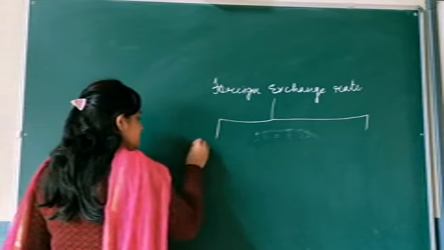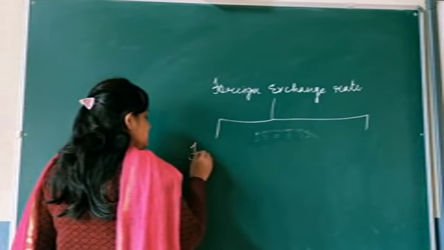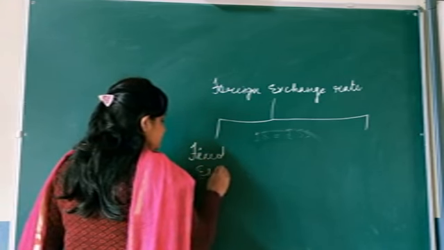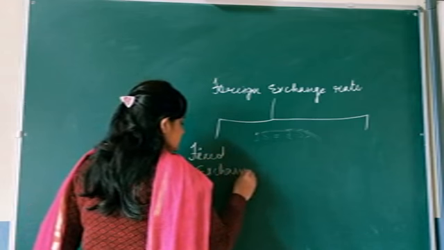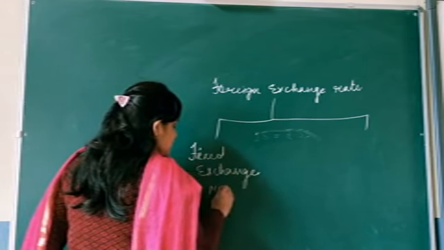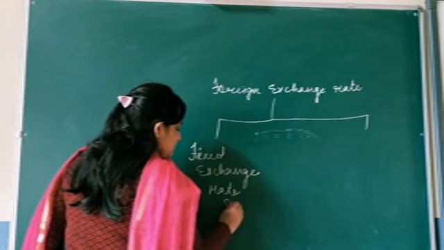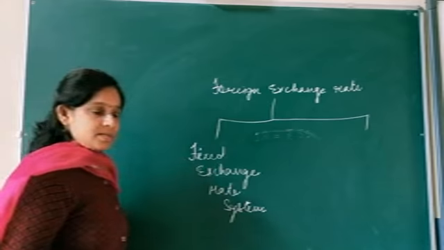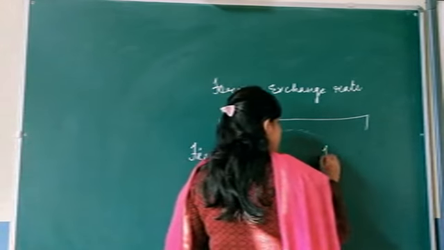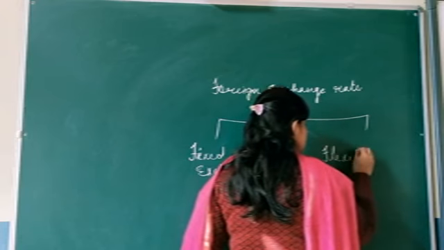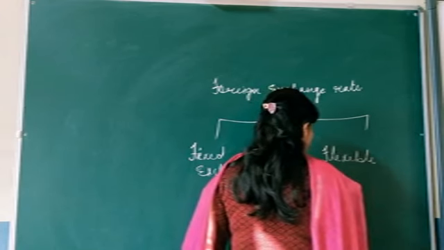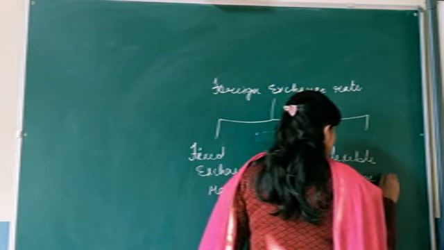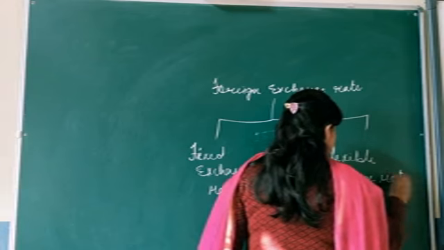One is the fixed exchange rate system. This is the first one. Second is the flexible exchange rate system.